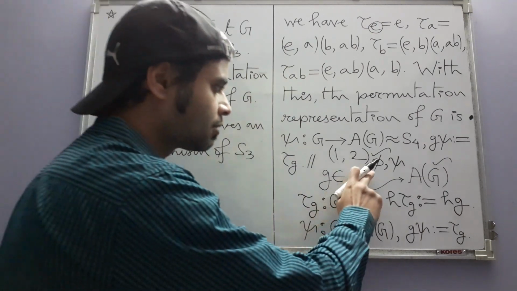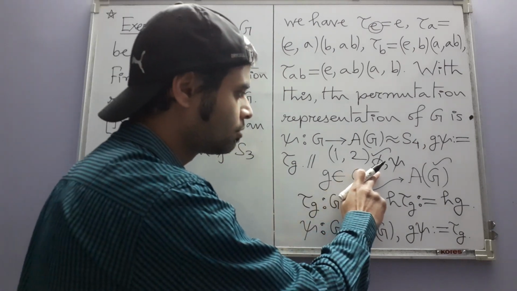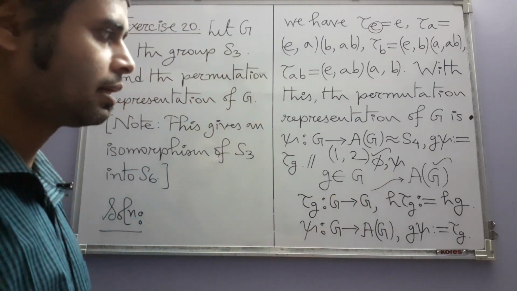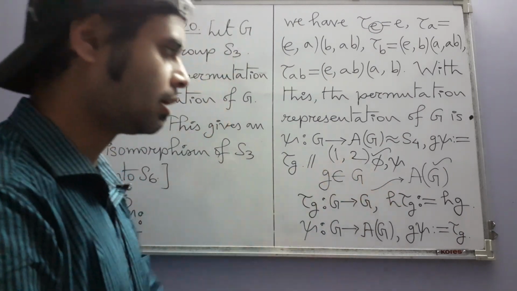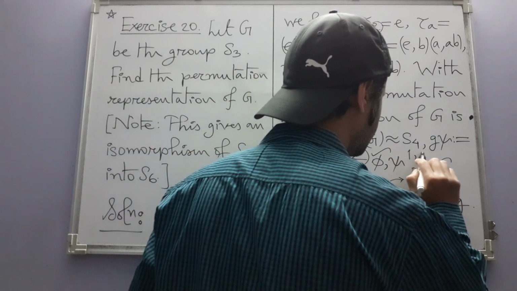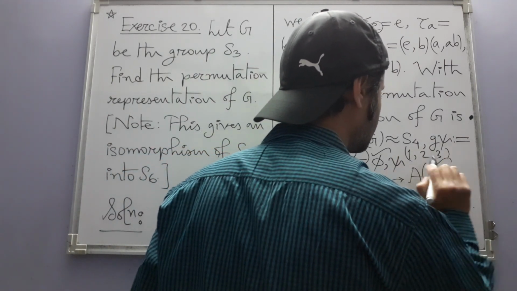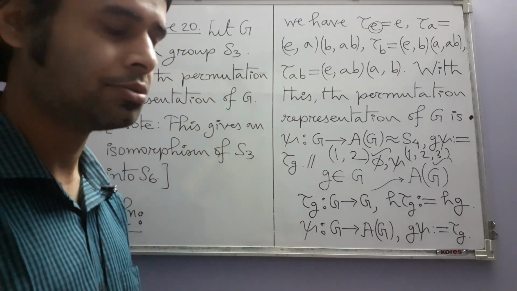And in terms of phi and psi, if you recall, we introduced 2 specific functions, phi and psi. And phi, I think if I am remembering correctly, is this one, and psi is this 3 cycle, 1, 2, 3, which sends 1 to 2, 2 to 3 and 3 to 1.